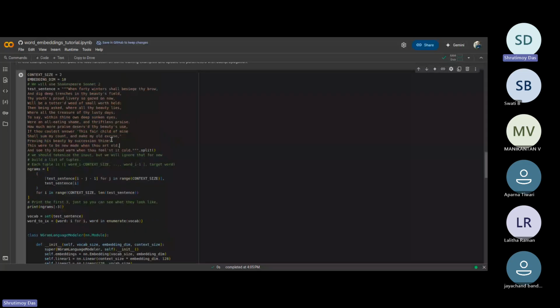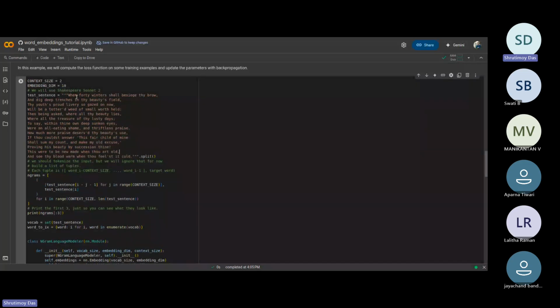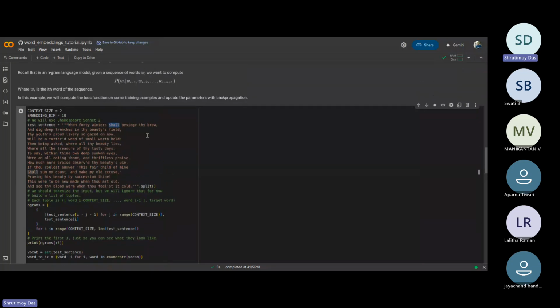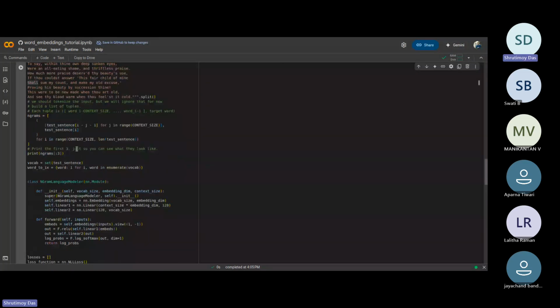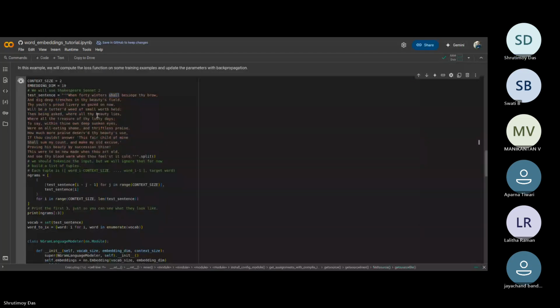Tokenizing means you cannot give this whole sentence as input; you have to break it down into words. So we'll have: when, forty, winter, shall, and all of these. And so they define this set. Let me read this a little bit here.